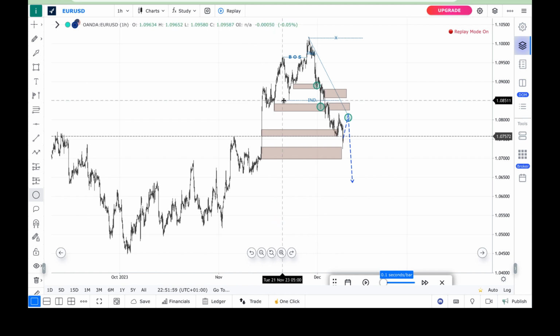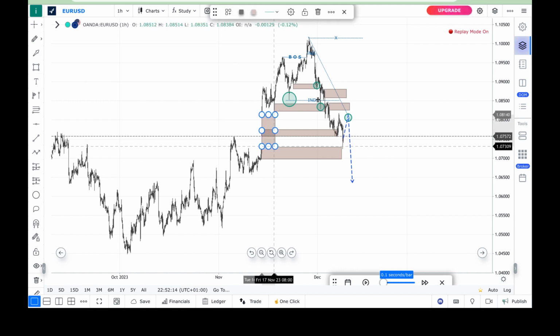Yes, this, because these are our external inducements. After that it needs to fill this imbalance also, all this imbalance, which is what it has done. So after doing that, it's going back.